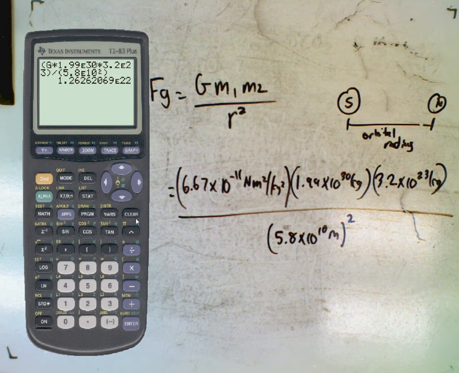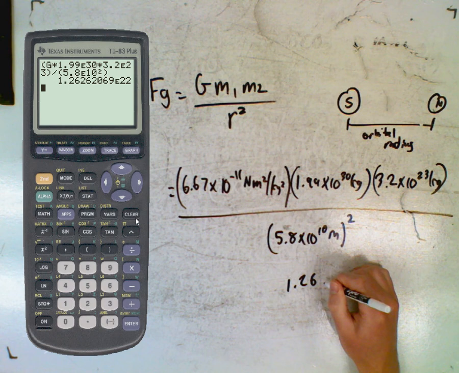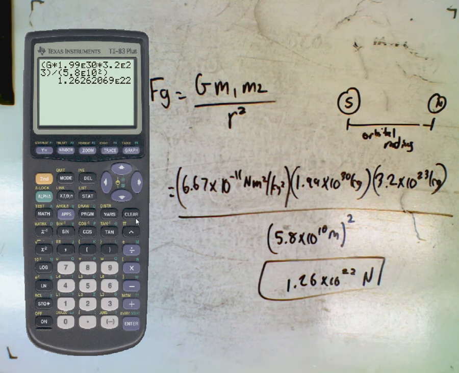And I get the force of gravity the sun exerts on Mercury to be 1.26 times 10 to the 22 newtons. Okay, so all that we got from data in our data booklet, so you've got to know how to use that.